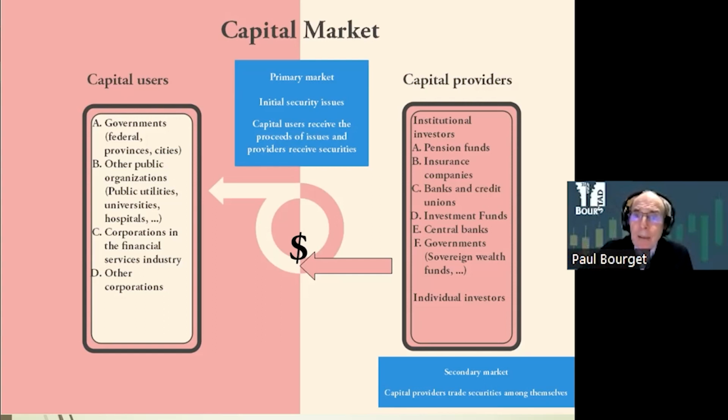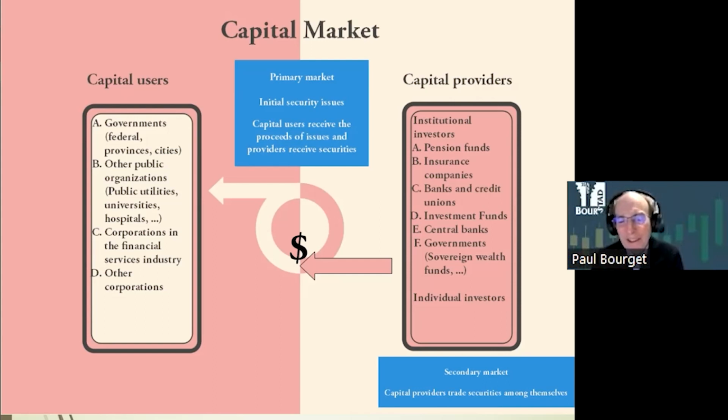On the side of the capital providers, we have many types of institutional investors like pension funds, insurance companies, banks, credit unions, investment funds. We can have central banks.